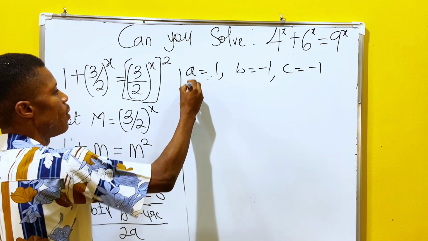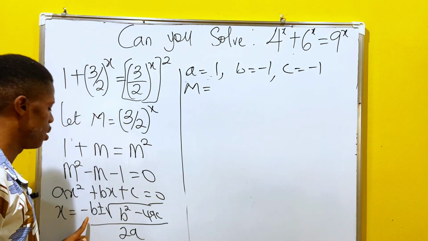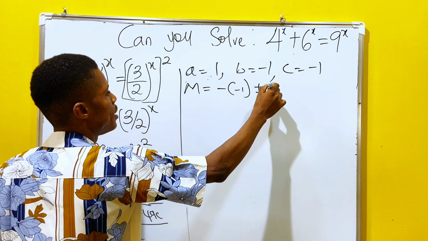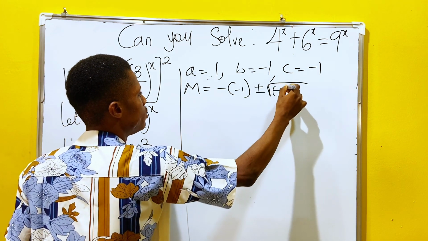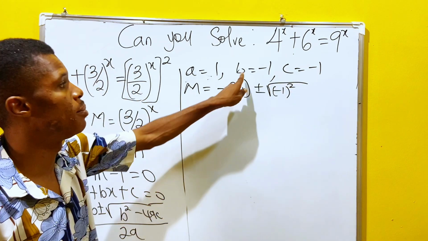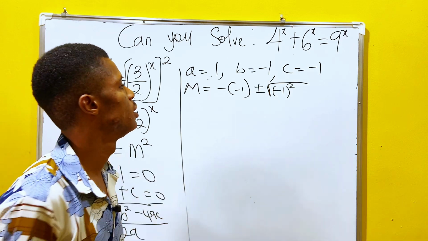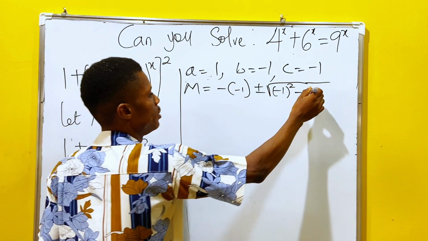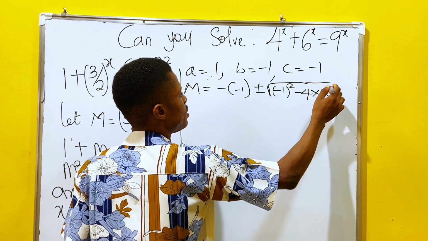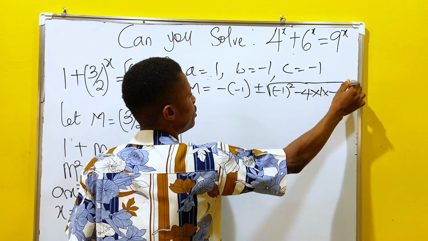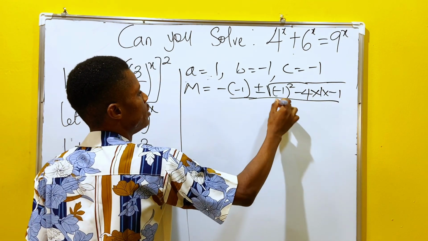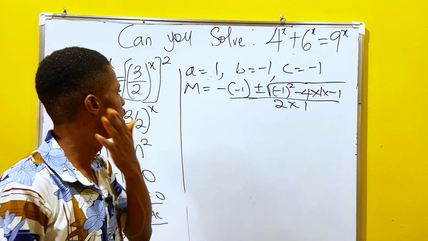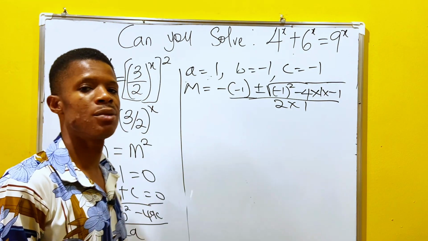We have it that our m will be equal to minus b, minus minus 1, plus or minus the square root of minus 1 squared, because our b is still minus 1, then minus 4, our a is 1 and our c is minus 1, divided by 2 times our a, which is 1. Then the next thing we do is minus minus becomes plus.